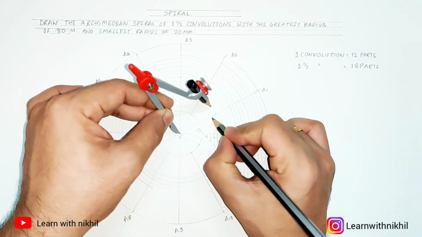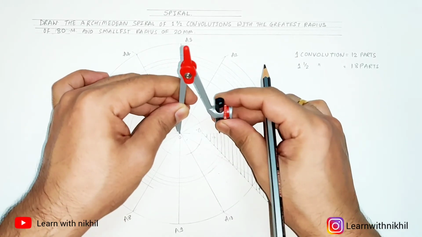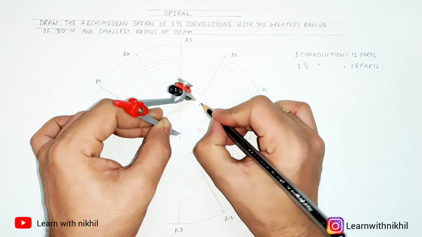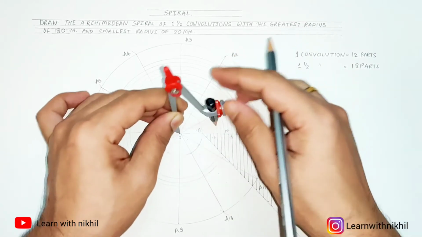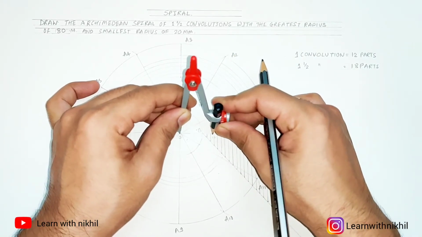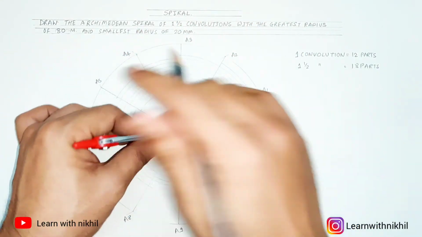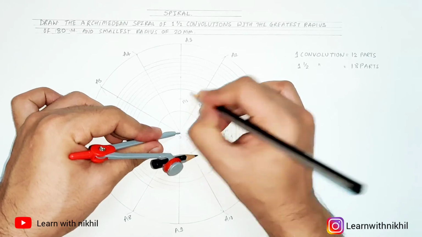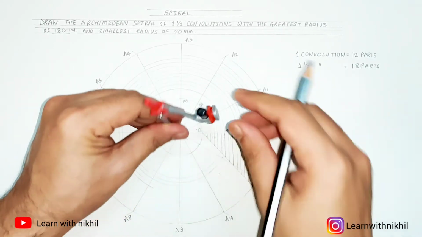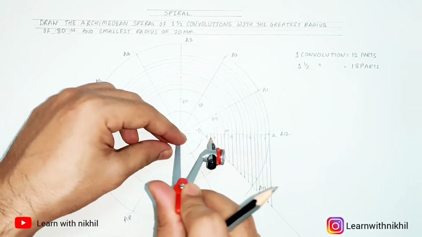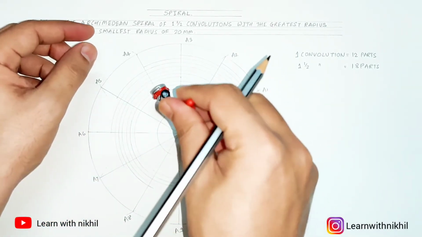Now next point, this will be P13. Reduce the radius, extend till the next point. This will be P14. Reduce the radius, extend the curve till the next line. This will be P15, as it is for 1.5 convolutions. So till P12 it was 1 convolution.